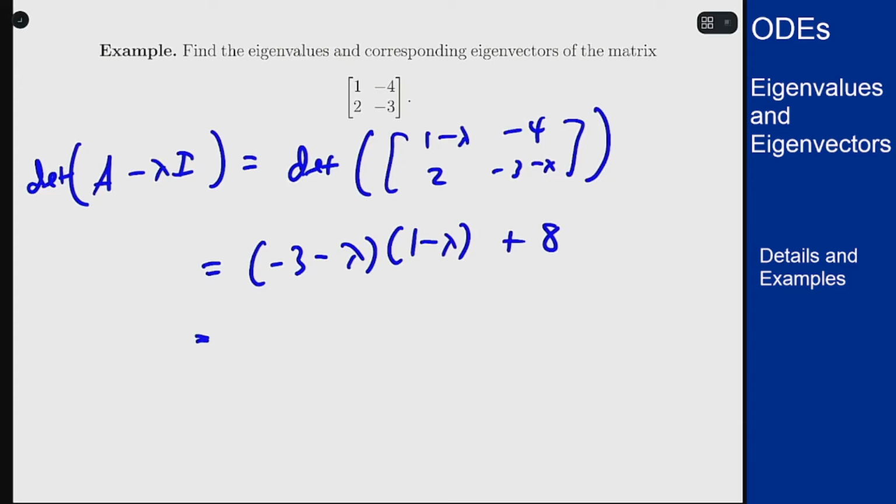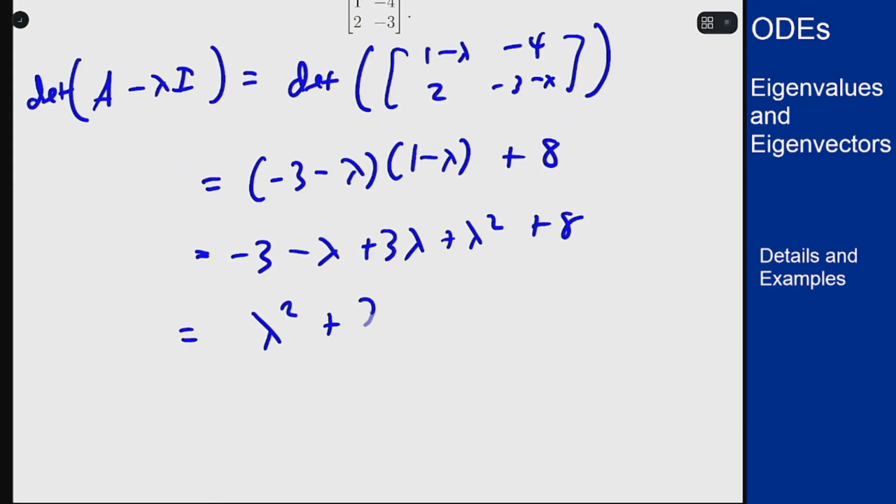So this expands out to lambda squared plus 2 lambda plus 5.